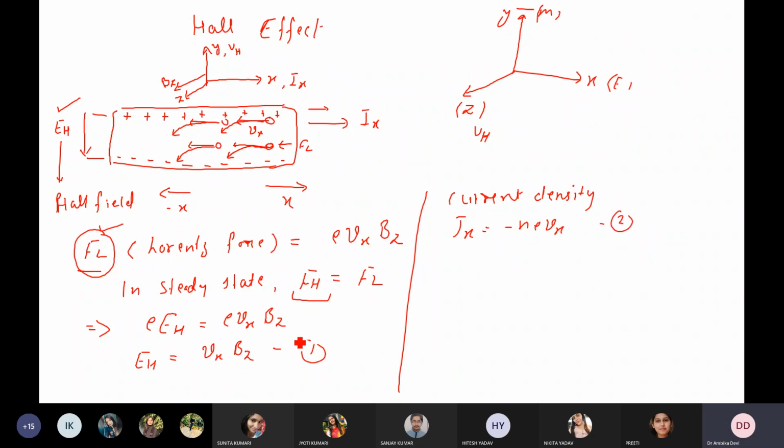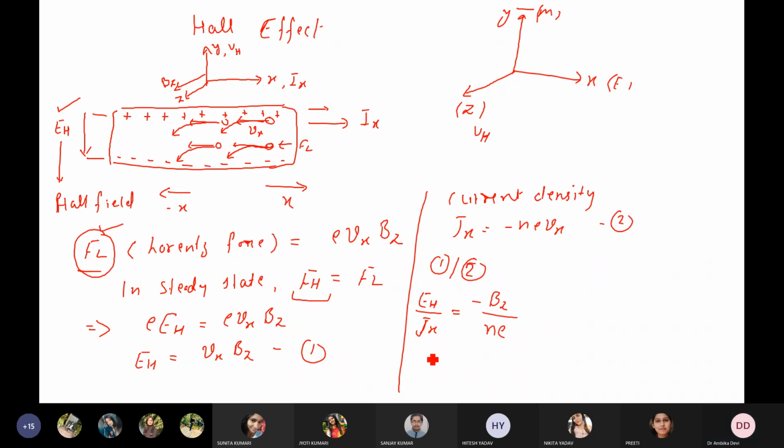Let us divide equation number 1 by equation number 2. So dividing 1 by 2, we get EH by Jx is equal to minus Bz divided by n e.